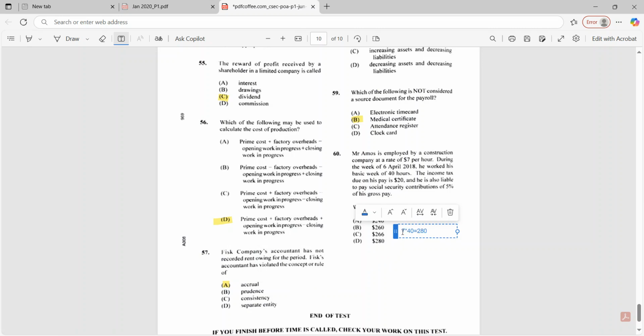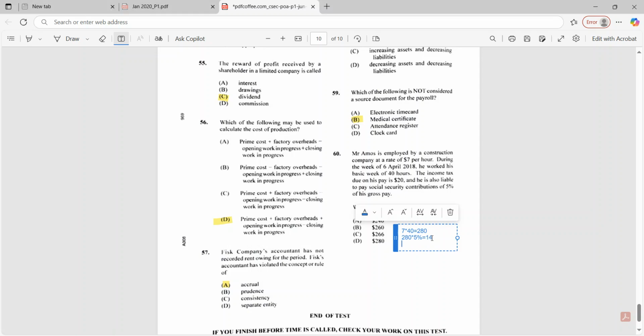Now we need to find what his contribution would have been, which is 5%. So 280 multiplied by 5%, we're going to get $14.